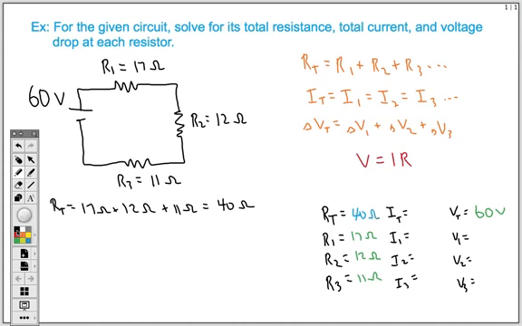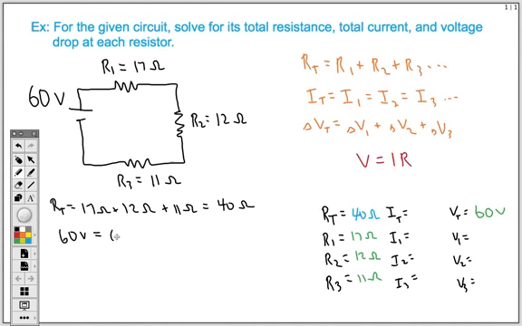And as I mentioned, as we solve for each of these totals, we're going to come back to this equation right here. So as you see, I've got my total resistance and I've got my total voltage. So my unknown value for the total is the total current. Well, let's just go ahead and plug that in to V equals IR, and we can then solve for our total current. So our voltage here is 60 volts.